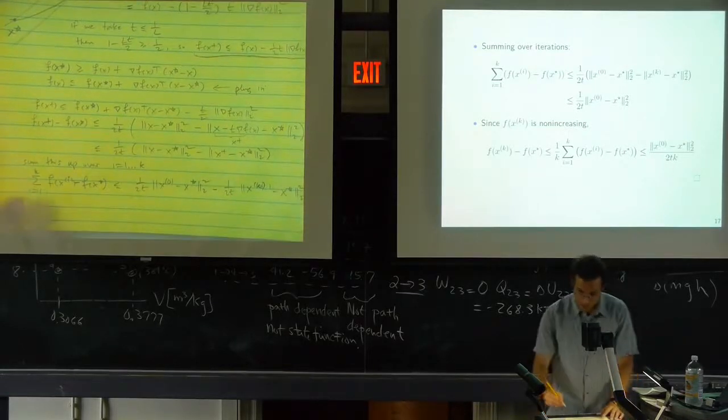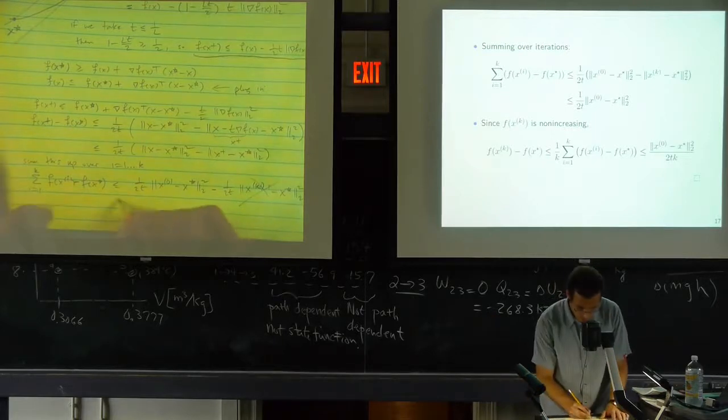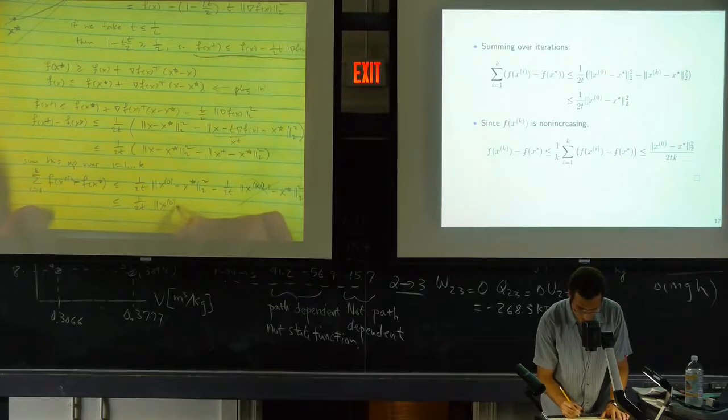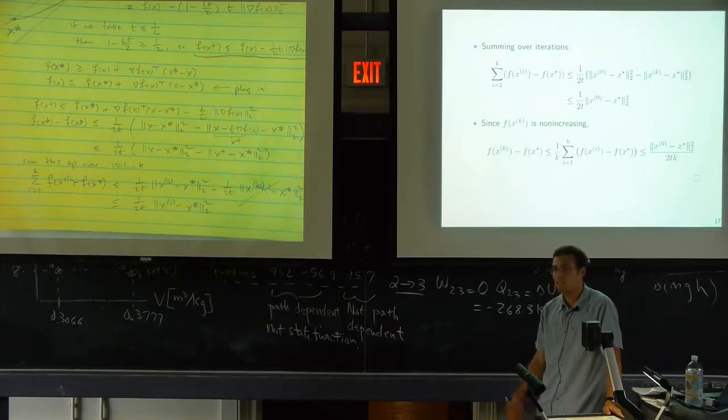So now we're just going to cross this out because this is negative, so we can say that this is still at most 1 over 2t times x naught minus x star squared. I lost something there, but it's still a legitimate bound.